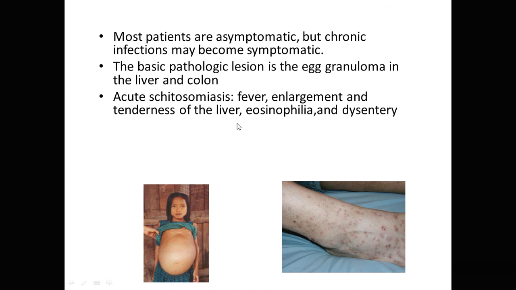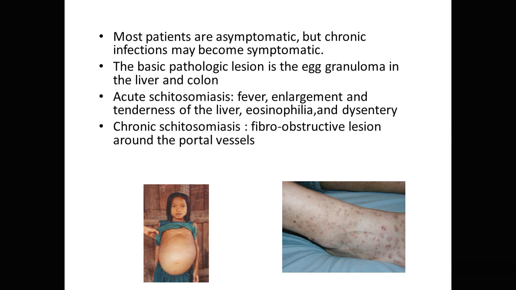In acute schistosomiasis, the symptoms can be fever, enlargement and tenderness of the liver, eosinophilia, dysentery, bloody diarrhea. And in chronic schistosomiasis, we have fibrosis and fibroobstructive lesion around the portal vessels, there can be problems with the blood circulation and edema. This is the example when there is fluid accumulation due to portal vessel blockage.